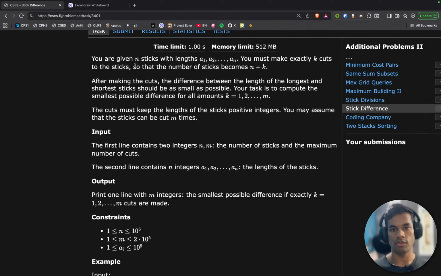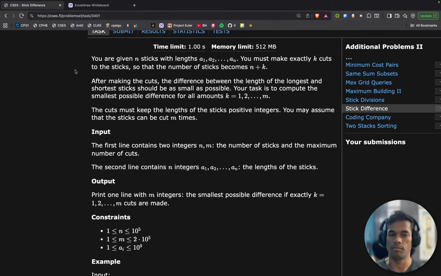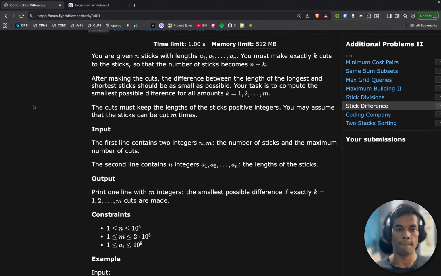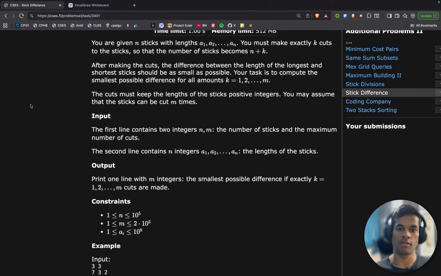You're given n sticks of length a1 to an. You must make exactly k cuts to the sticks so that the number of sticks becomes n plus k, because making one cut gives me one stick. After making the cuts, the difference between the lengths of the longest and the shortest sticks should be as small as possible. Your task is to compute the smallest possible difference for all the amounts. The cuts must keep the lengths of the sticks positive integers.